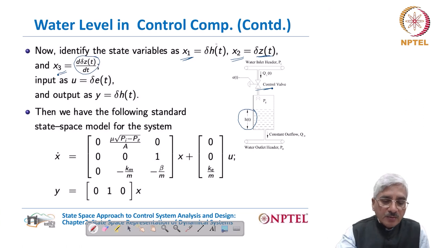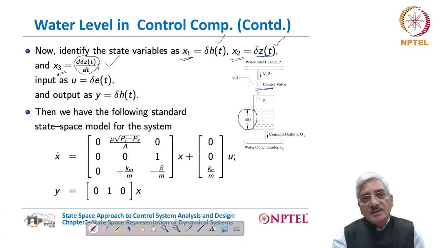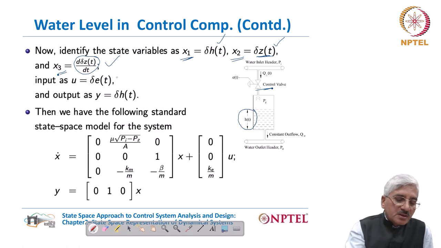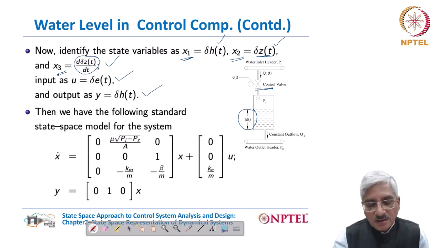So we have x1 equal to delta H, x2 equal to delta Z, and x3 equal to d delta Z by dt. Of course, input is the applied voltage and output is the liquid level in the tank, the water level in the zone control compartment.